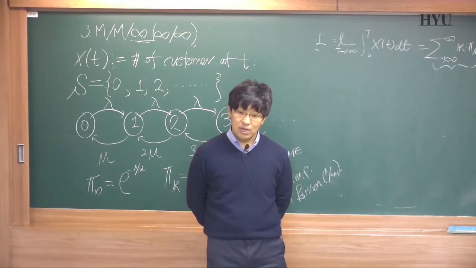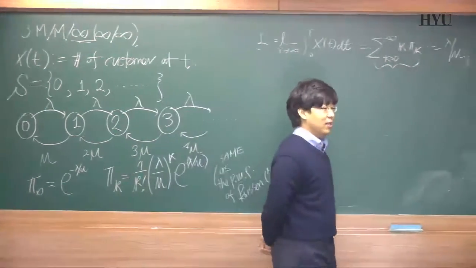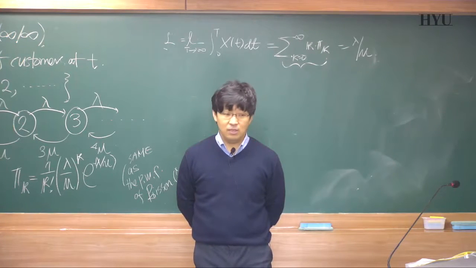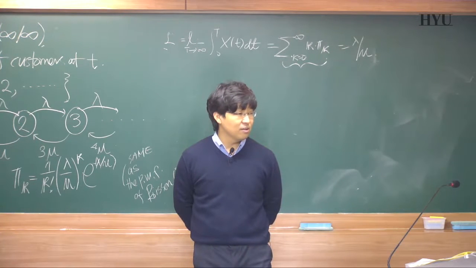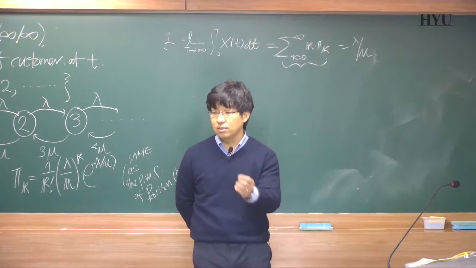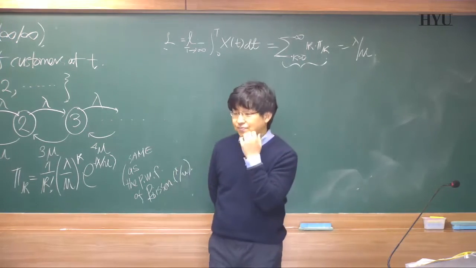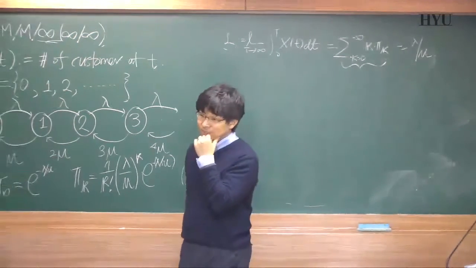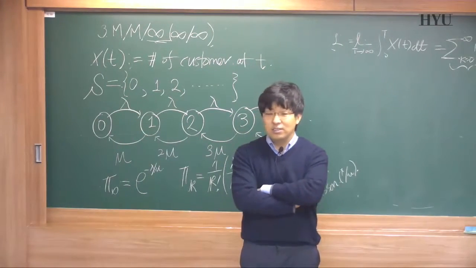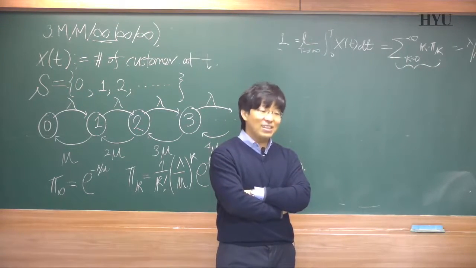But this one is quite unrealistic, right? We cannot install such an infinite number of servers in practice, in the world. So we need to think about that. What if we have a large number of servers, large enough, but not infinite?